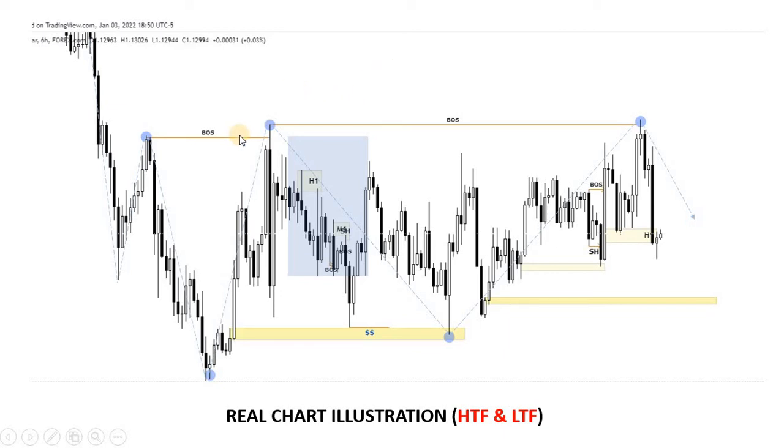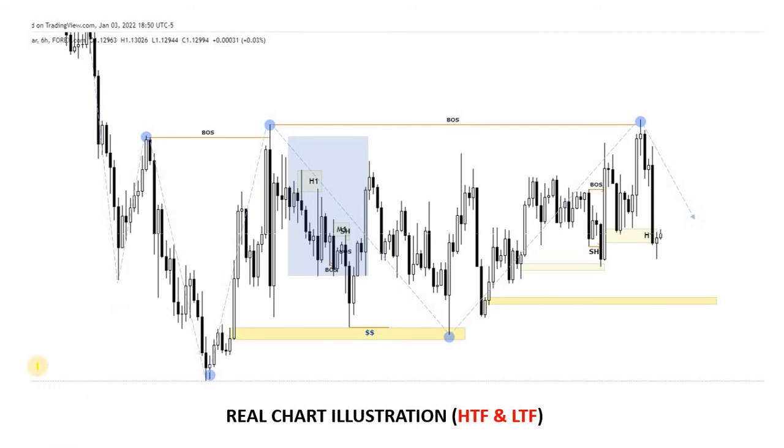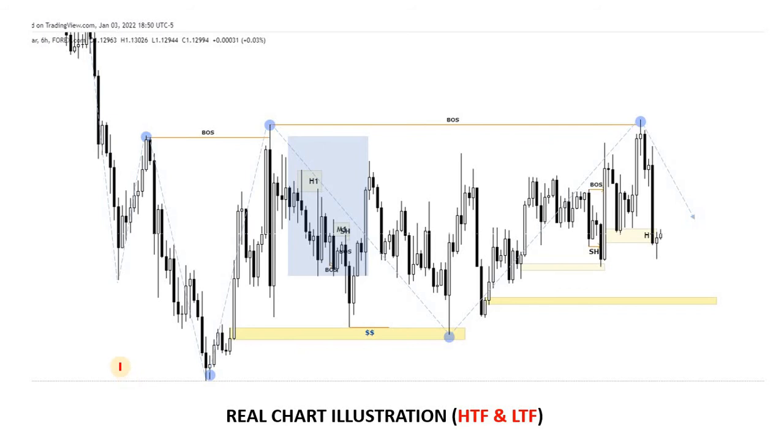Okay, so that's done. The next thing we're going to be doing is to realize that in this higher time frame structure, we also have internal structure telling us about the fact that the price is what? Fractal. And we're going to try as much as possible to show us those internal structure.